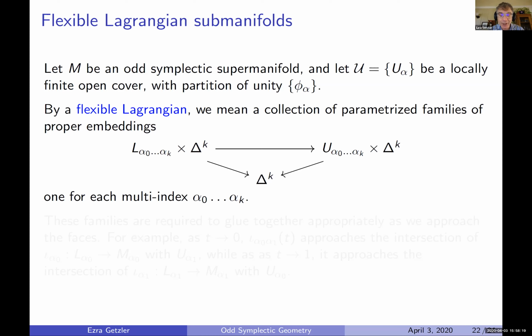I would urge you to just work out what all of this says in the special case where I just have 2 open sets in the cover, U and V. Then, of course, it's much simpler.